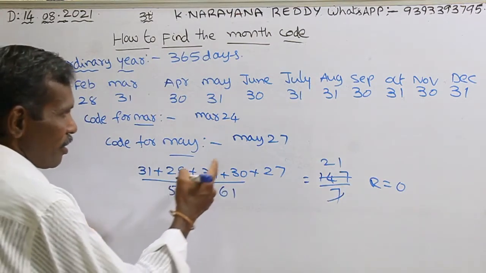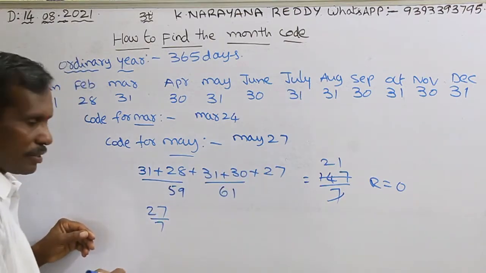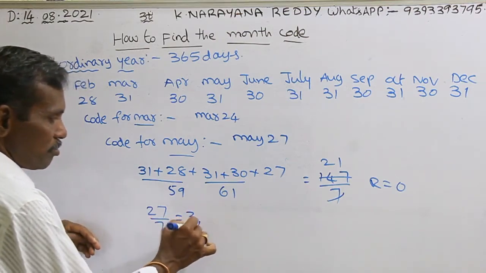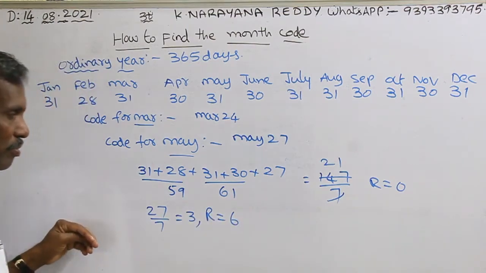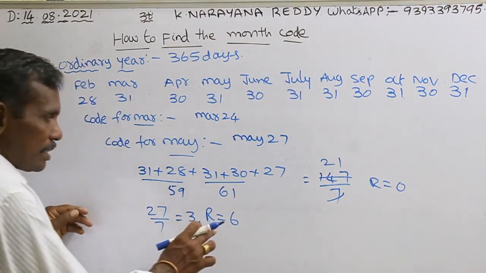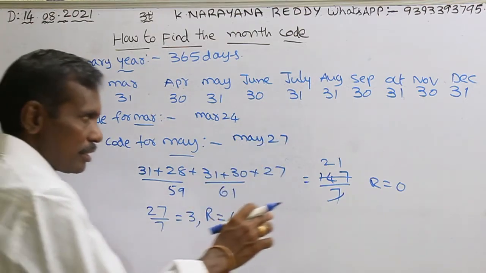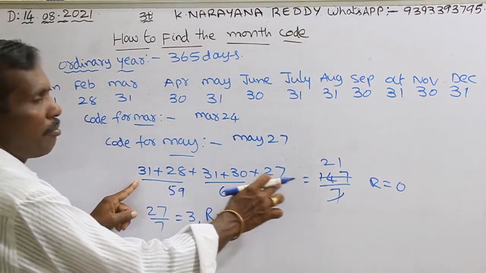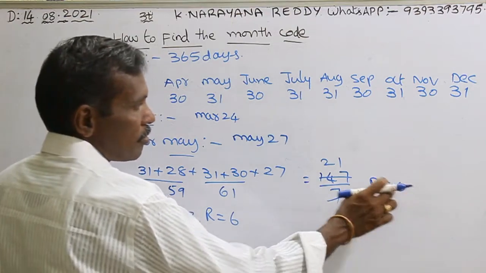Now take 27. 27 by 7, 7 3s are 21. Remainder 6. Now this is the code for 27. May 27. This is the code for total from Jan to May 27. But we want 0. Yes or not?